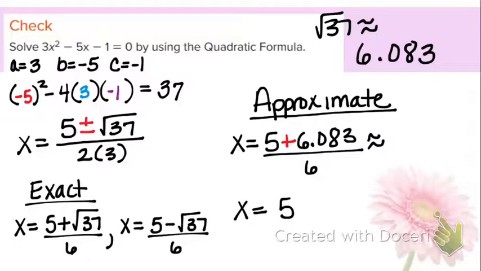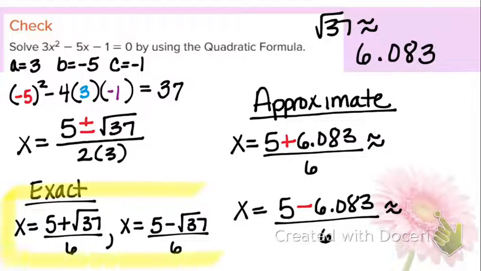And then do it again, and this time you're going to subtract 6.083 divided by 6. So go ahead and type both of those in your calculators to get your 2 approximate answers. So these are the exact answer. So you'll have to tell me this on the test. Now you're going to practice with your calculator getting the decimal.